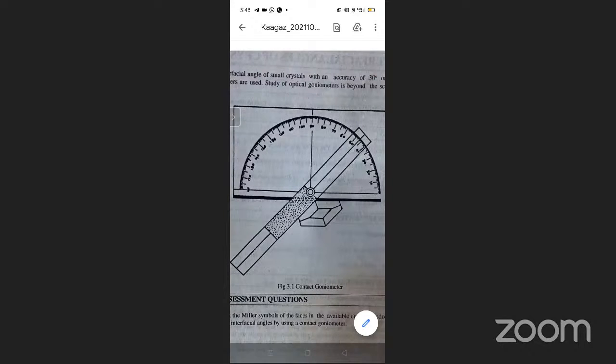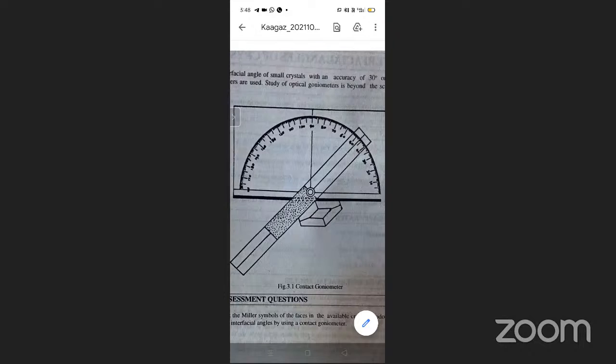See that there is not even the slightest gap between the faces and the parts of the goniometer. If a gap is created, the angle will become wrong.